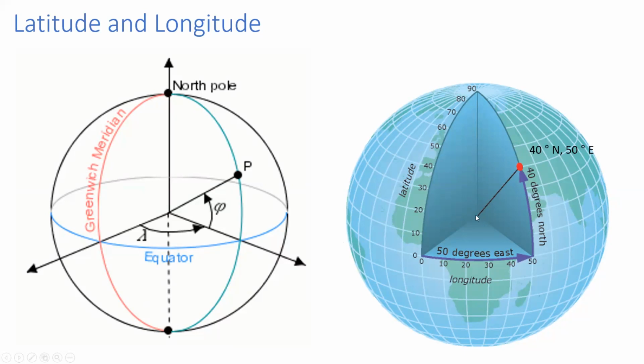Suppose you are standing at the center of the sphere, looking at a point. You have to look above or below, so your eyes are either going up or going down.